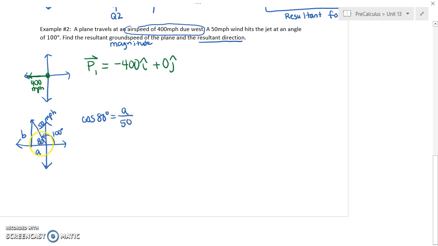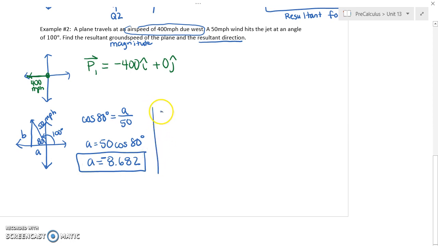I'm doing trigonometry, adjacent over hypotenuse, and then opposite is my b. So now we have a equals 50 cosine of 80 degrees, and therefore a equals 8.682. But since I'm going left, it has to be negative.